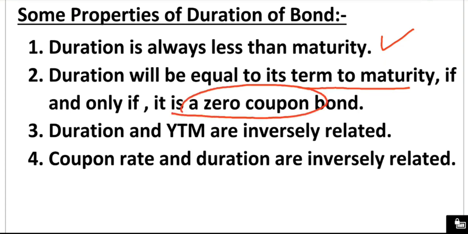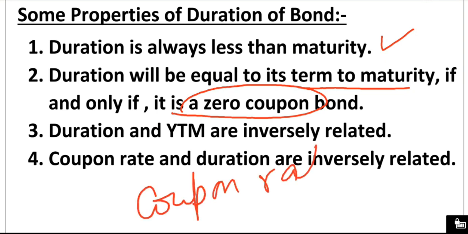Zero coupon bond means the coupon rate is zero. That means the company is not paying anything to the bondholders as interest. So duration will be equal to maturity only when there is a zero coupon bond.